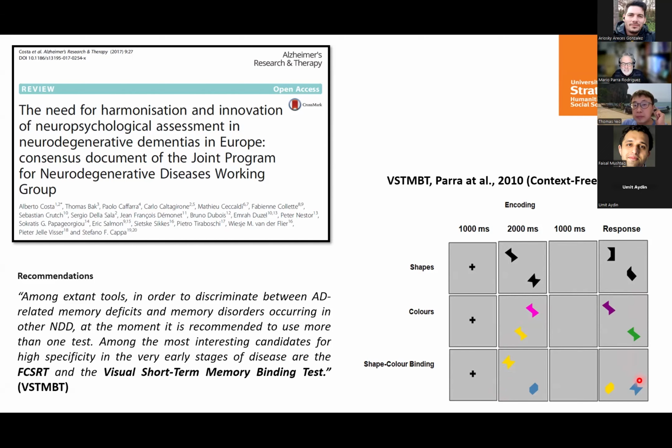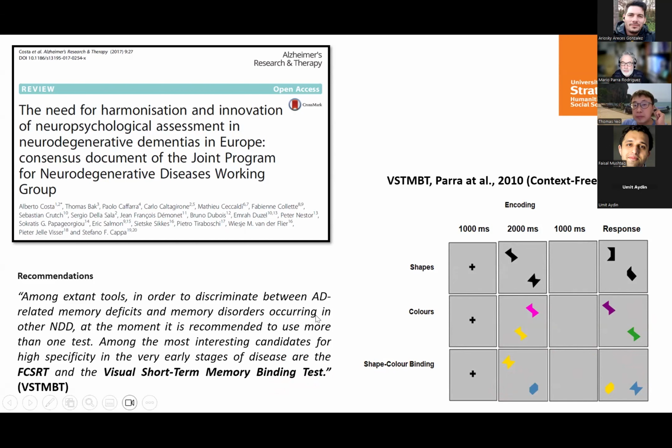This task has now been recommended by this consensus group because it seems to be very sensitive to the preclinical stages of Alzheimer's disease. So what we have been doing is investigating the electrophysiological neural correlates of this memory binding ability that appears to be informing about the very early stages of the transition from normal aging to Alzheimer's disease.